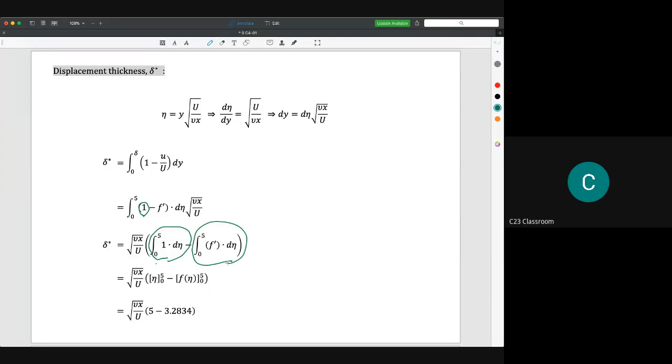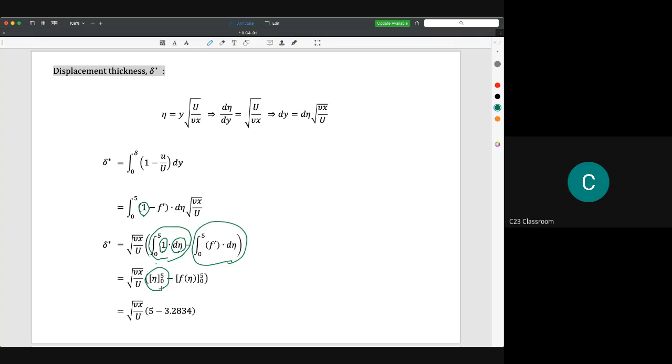The integral of 1 with respect to eta will give us eta, with limits 0 to 5. And the integral of f prime gives f, because f prime means the differential form, so the integration of the differential form will give us its own state.